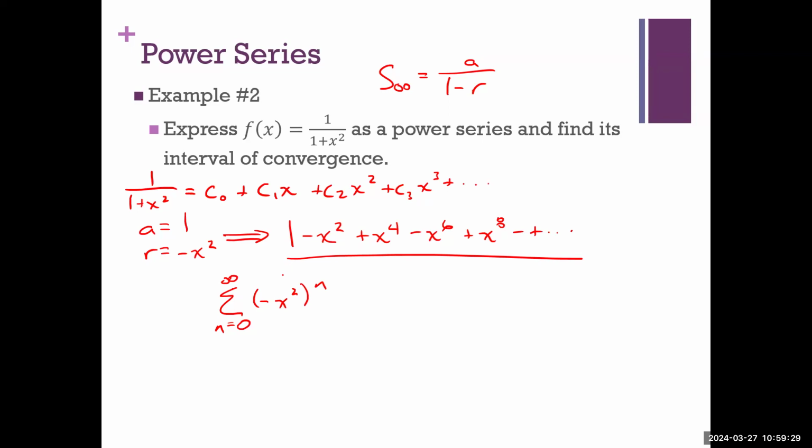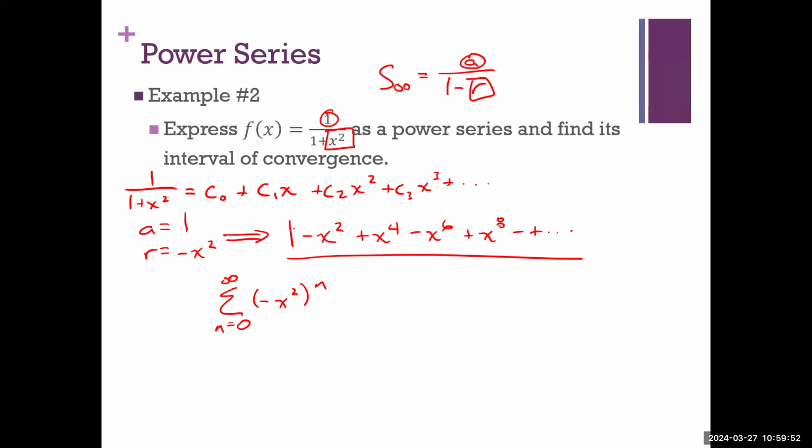So my common ratio is negative x squared, and my first term is 1.